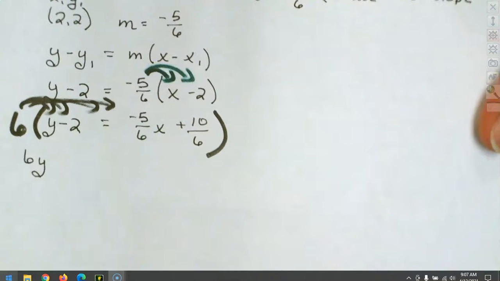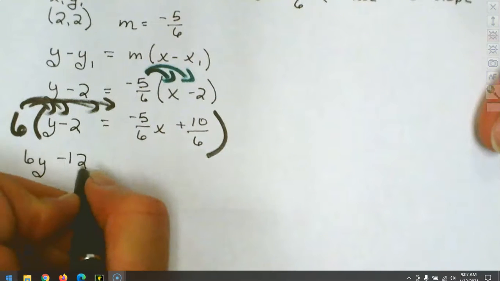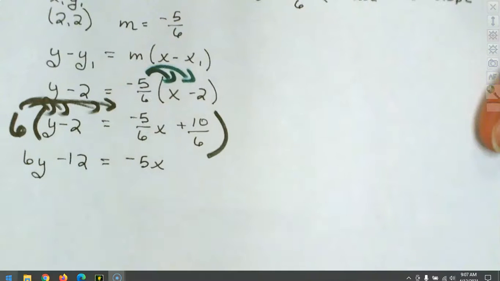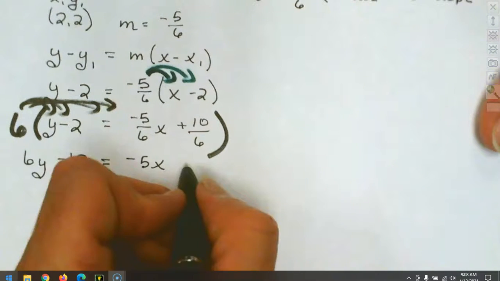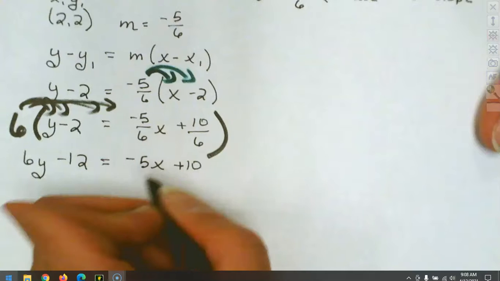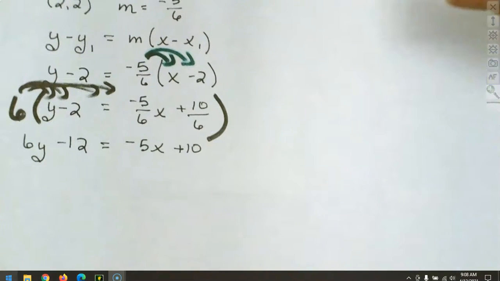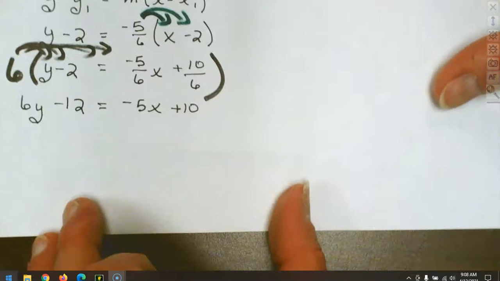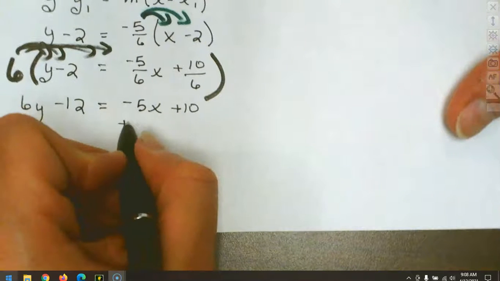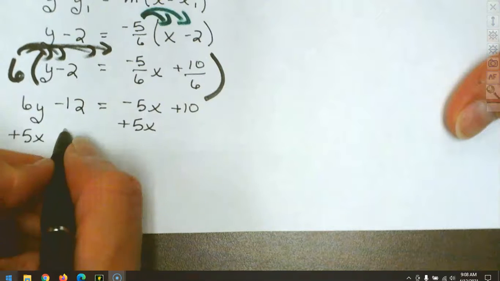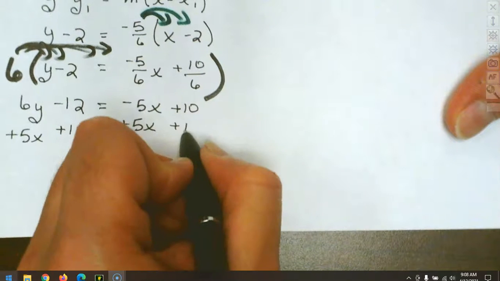So that's then 6y minus 12 equals, 6's cancel, a minus 5x, 6's cancel, positive 10. I'm going to go ahead and get it in standard form first, because I think that might be easier. So we'll simply add that 5x over and add that 12 over as well.